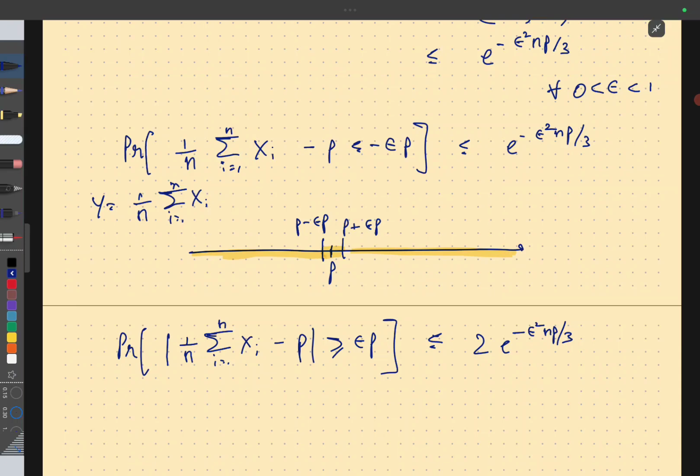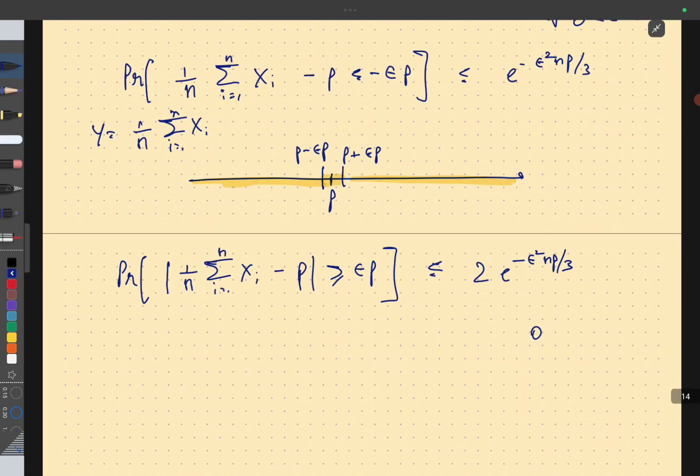And this holds true only for epsilon being between 0 and 1. But that suffices for what we want to do. All right?